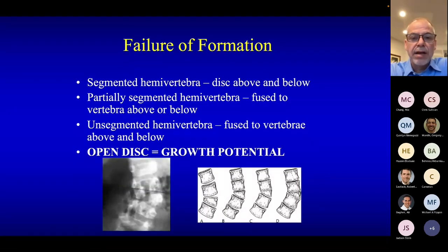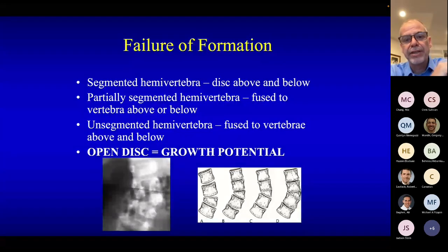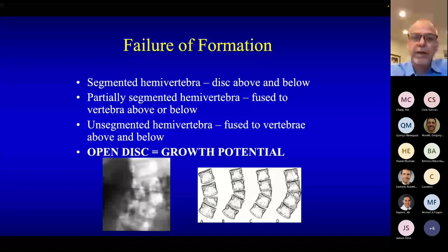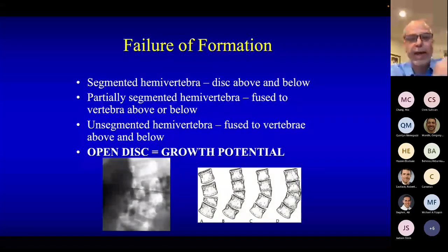There are different ways in which failure of formation can lend itself to a progressive scoliosis. There's some terminology that is important to know, and that is whether a hemivertebra is segmented or unsegmented. There are two sides to a vertebra, the caudal and cranial side.